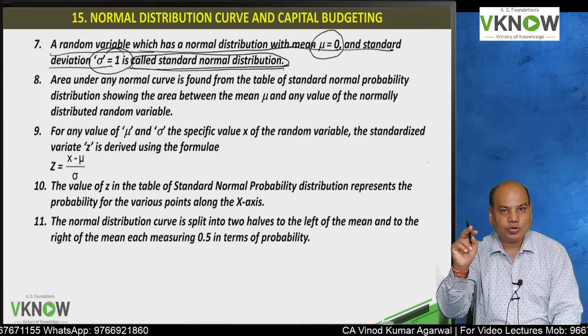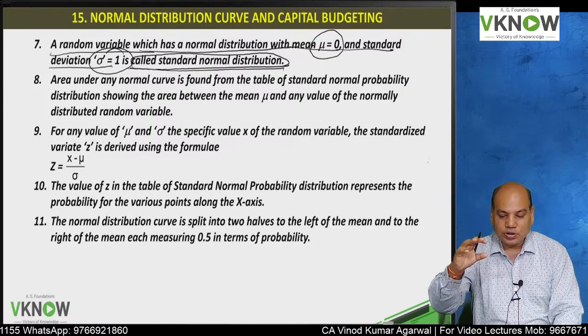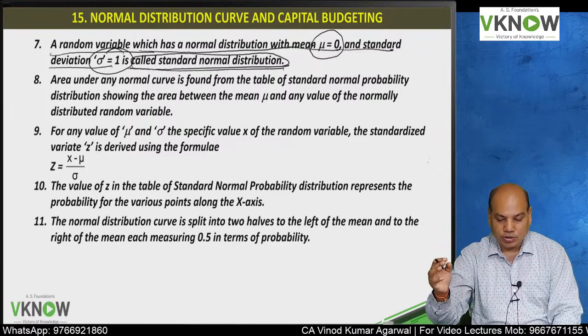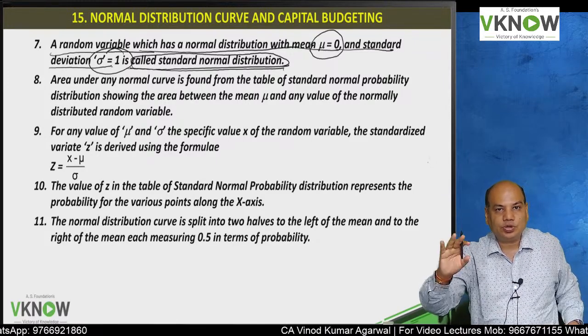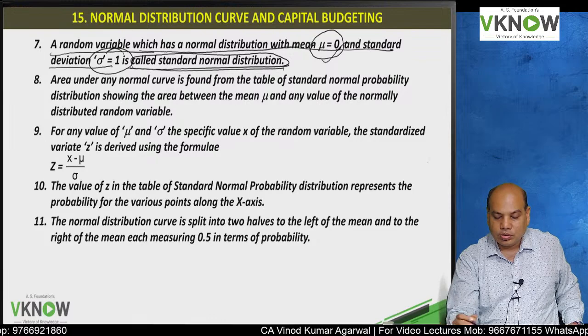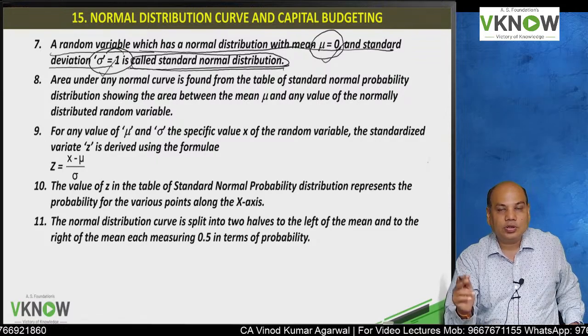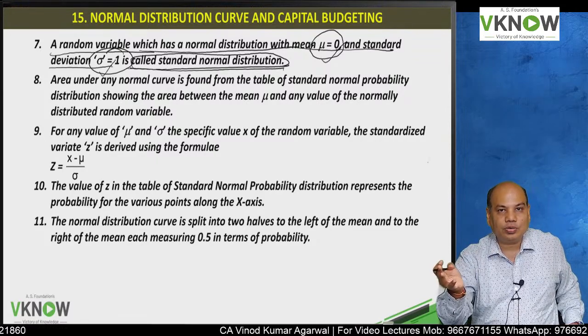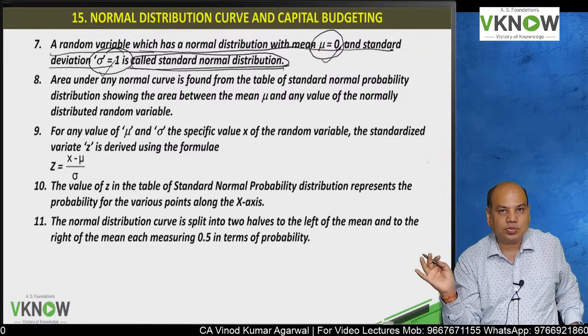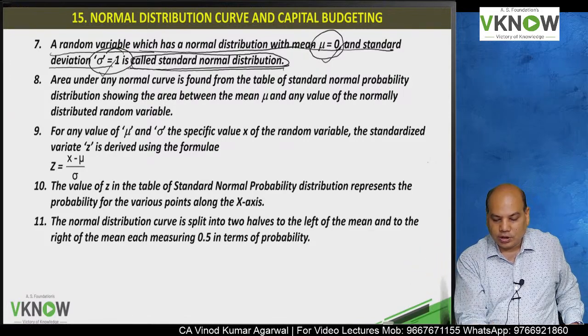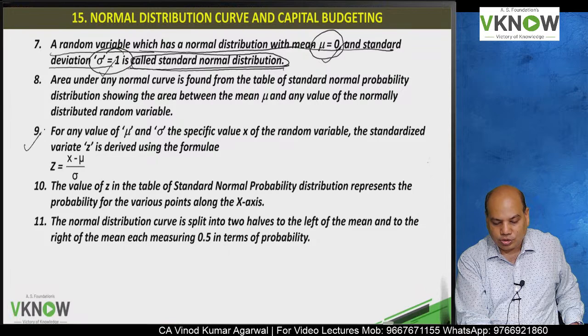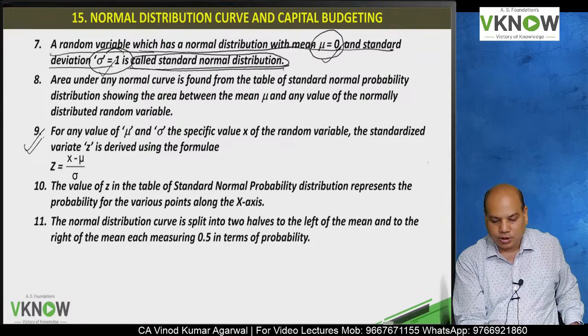That table that you saw just now deals with standard normal distribution, but every distribution will not have mean 0 and sigma 1. So you have to convert them into standard normal distribution by applying this formula.